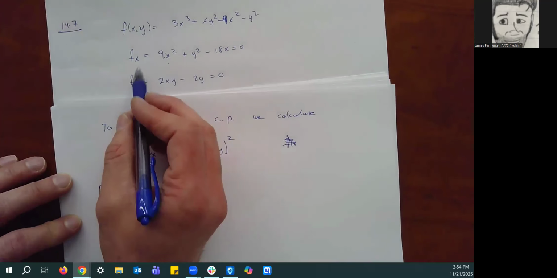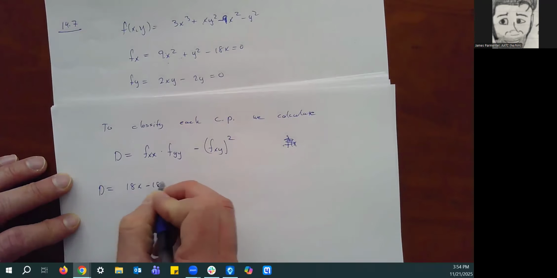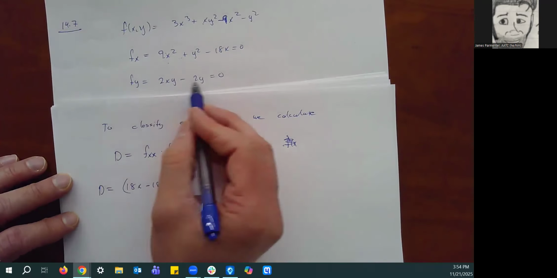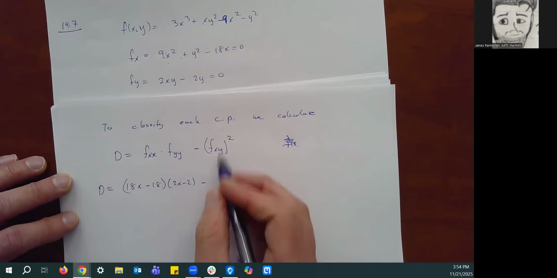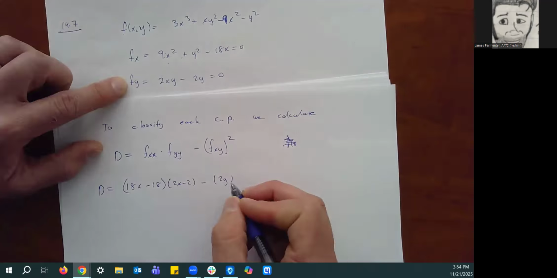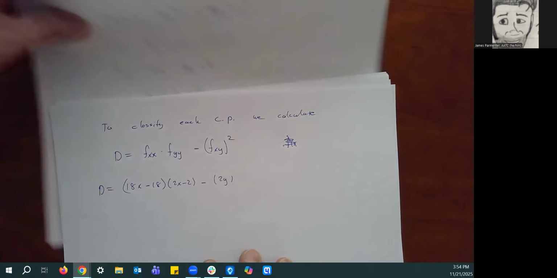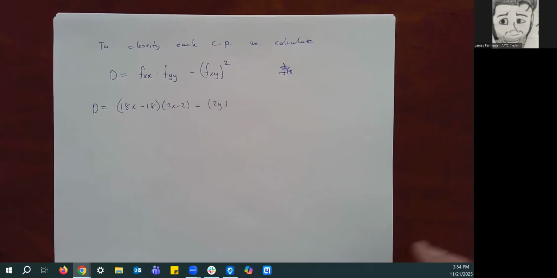So fxx is going to be 18x minus 18. Fyy is going to be 2x minus 2. And fxy, or fyx, is going to be 2y. I would highly, highly, highly recommend not multiplying this out.